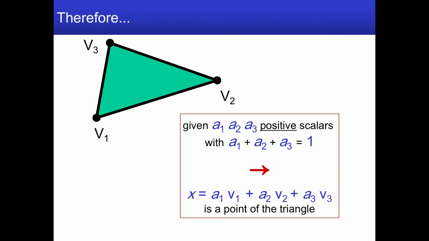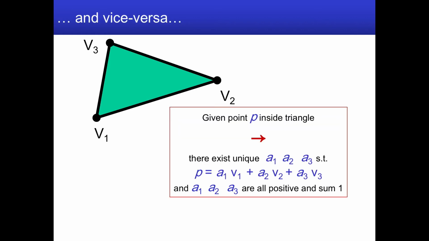So then, given 3 weights that sum up to 1, and they are bigger than 0 and less than 1, then x is a point on the triangle if these 3 are positive and they sum up to 1.